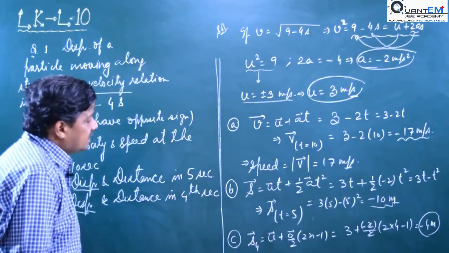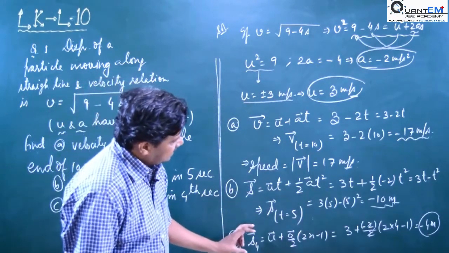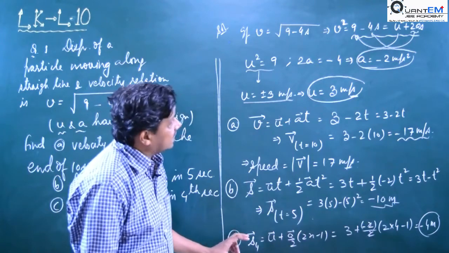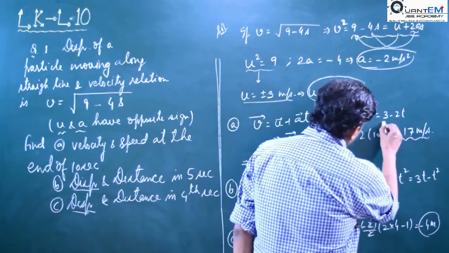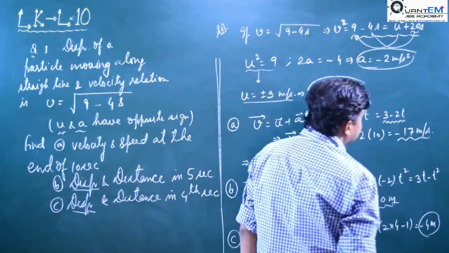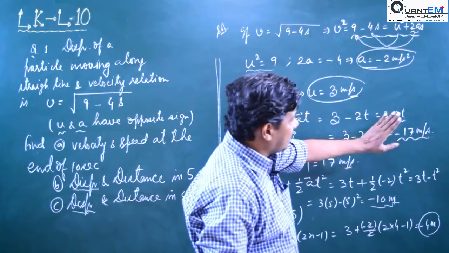It is the displacement in the 4th second of motion. But for getting the scalar results like distance in the nth second, we will have to use the graph. So what is the velocity at the end of time t? 3 minus 2t. So we will have to draw the graph for this.